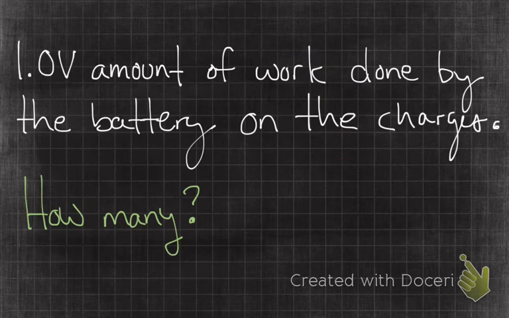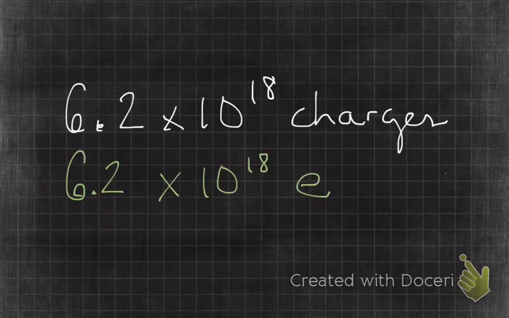But how many electrons? Or how many charges? Well, the number is 6.2 times 10 to the 18 charges, which we can also show as 6.2 times 10 to the 18 E. That's a lot of charges.